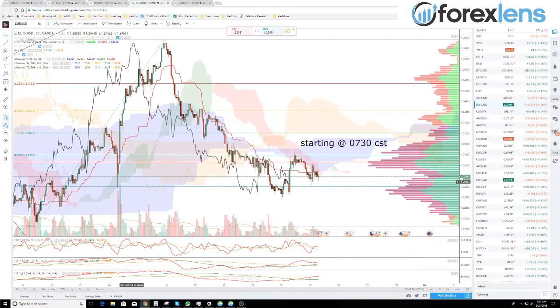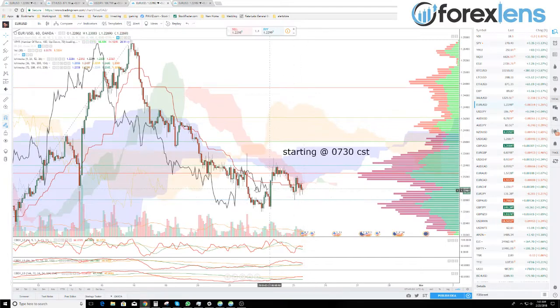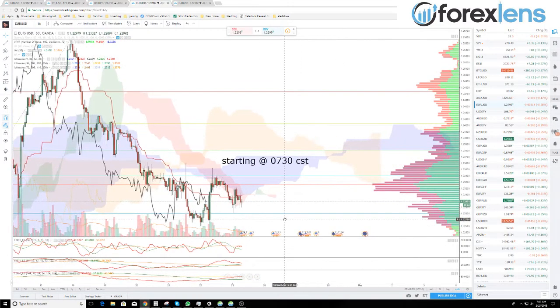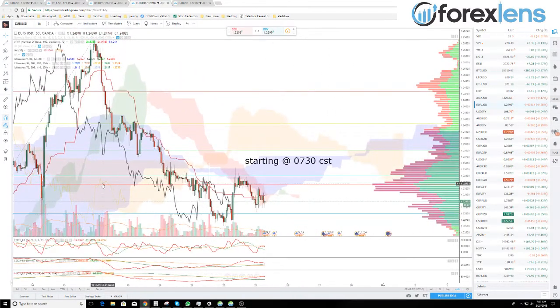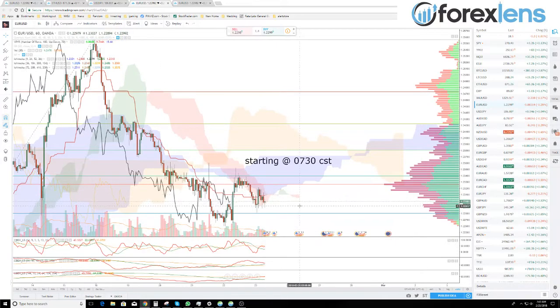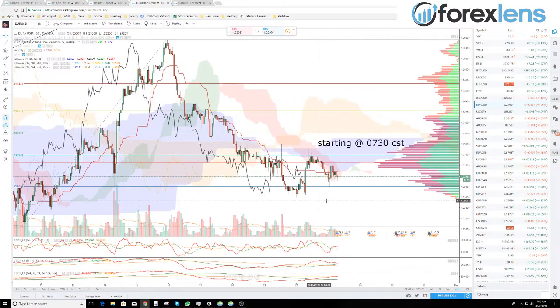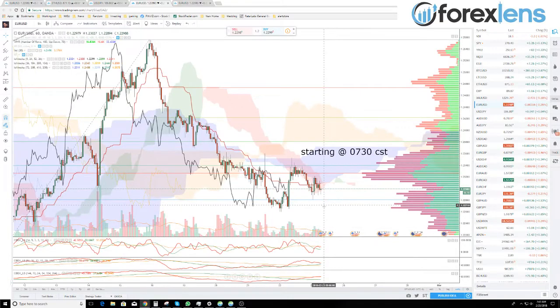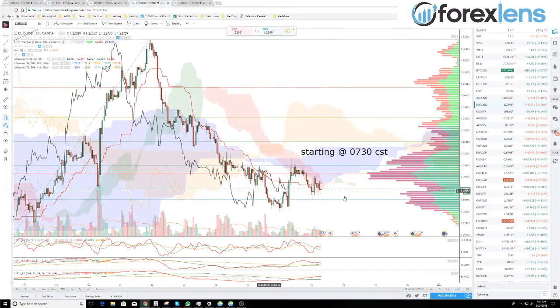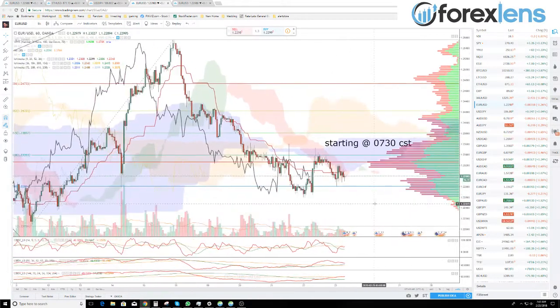But I am looking at things flattening out here, which is okay, because if we get flat, everything consolidates. And then I don't really have to worry about what's going to happen. I have a good move ahead of me either way.